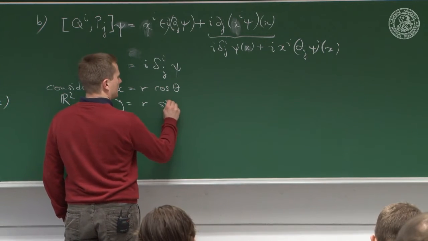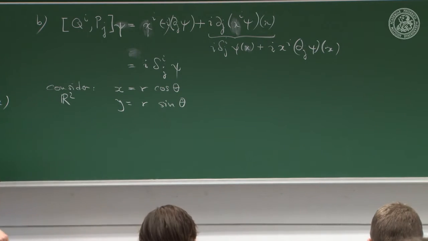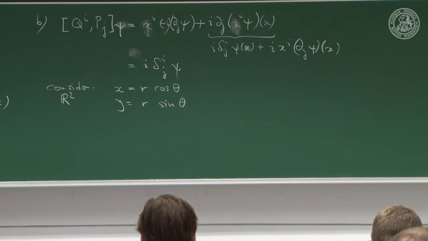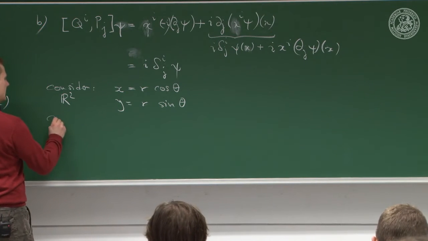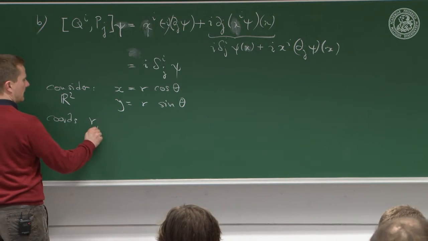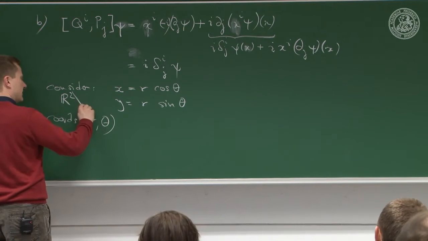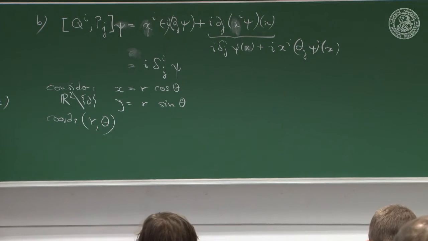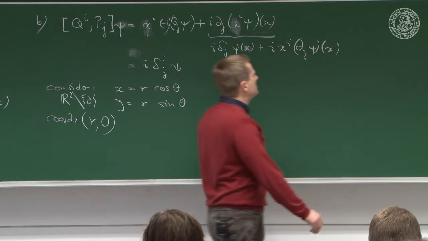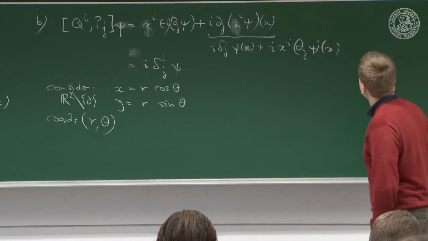We'll do it more generally once we get the idea of what's going wrong and how to repair it. So let's consider R2, strictly speaking R2 without the origin, and let's coordinatize it by r and theta, the usual polar coordinates. How does the whole business present itself now?